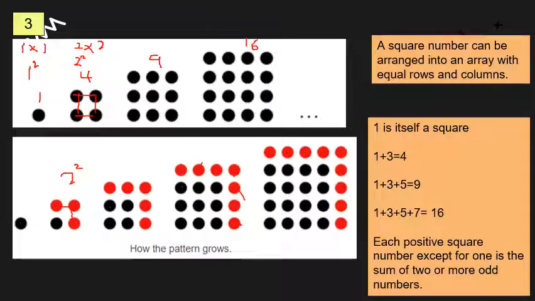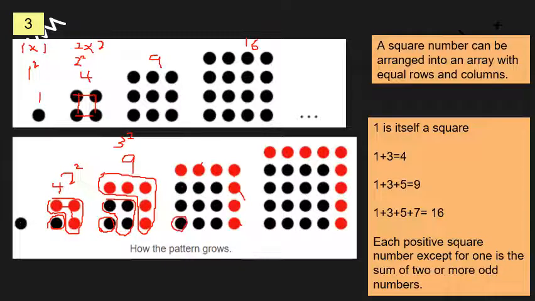But one that I came up with, looking at it slightly differently, was 1 itself is a square. 1 plus 3 gives us 4, which is our second square number there. 1 plus 3 plus 5 gives us 9, which is 3 squared.